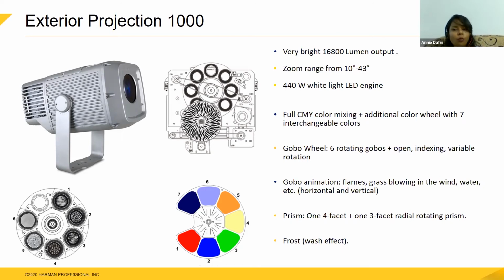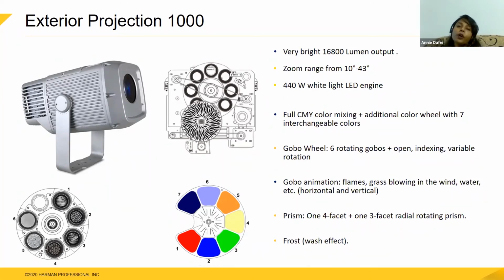In addition to the gobo wheels and the animation and the prism and frost effect, it also has full CMY color mixing. There are dichroic filters present in order to get different colors. A lot of times, CMY color mixing is a subtractive form of color mixing, wherein you're placing filters in front of white light, and different wavelengths get absorbed, and only whatever color the filter is in gets passed out.